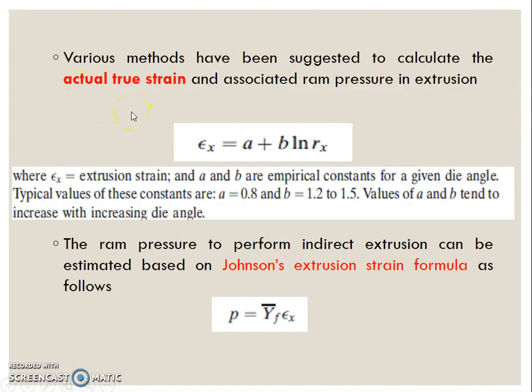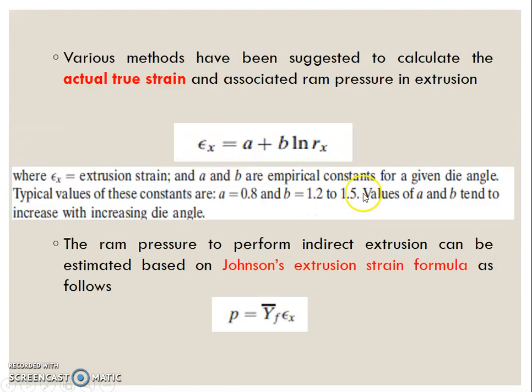Now how do we calculate the actual true strain? The actual true strain can be calculated by using this equation: epsilon x equal to A plus B ln Rx. In this equation, A and B are empirical constants for a given die angle. Typically the A value is 0.8 and B is within 1.2 to 1.5.